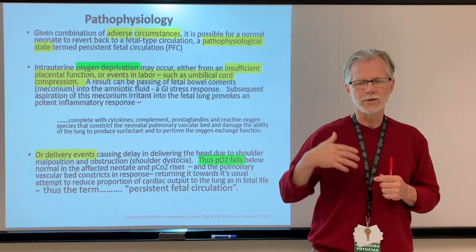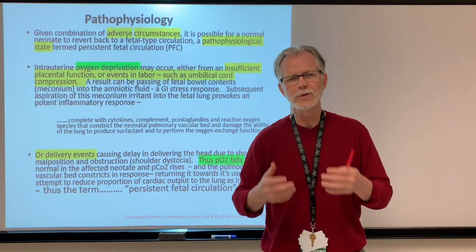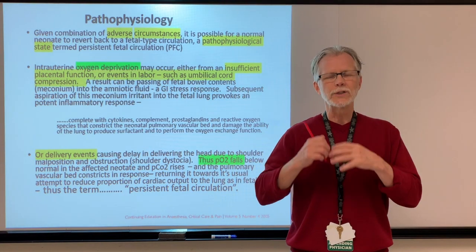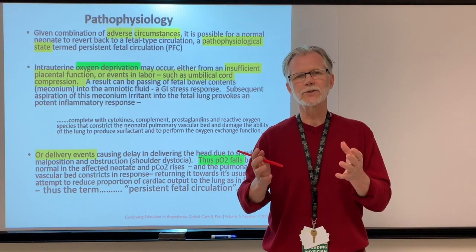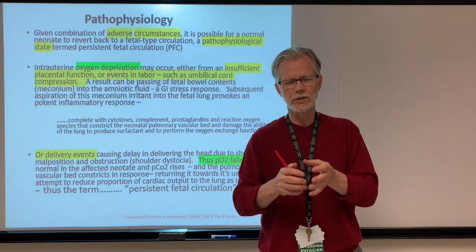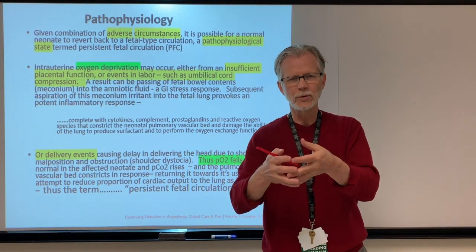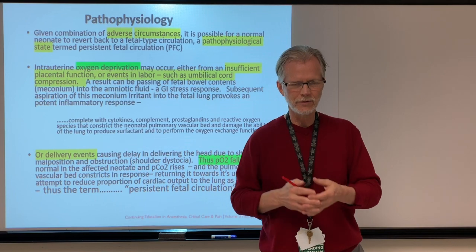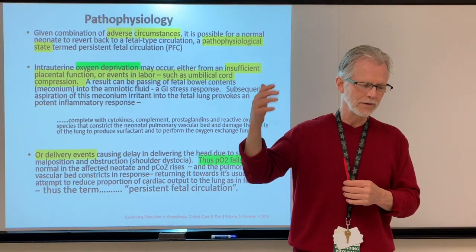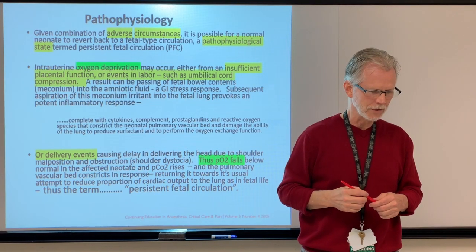And when that occurs, then there's an irritant in the amniotic fluid, so an inflammatory response is set up, which again liberates those products that cause vasoconstriction, that are the components of the typical inflammatory response, again exacerbating that rise in the pulmonary vascular resistance.